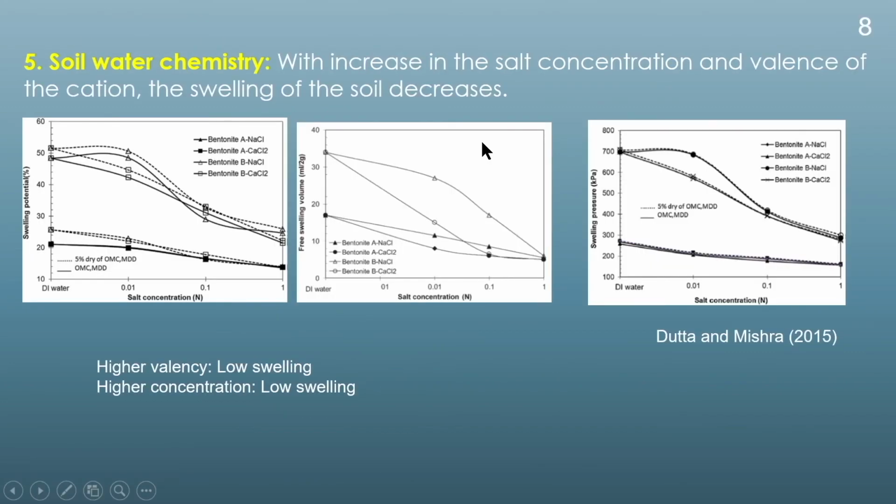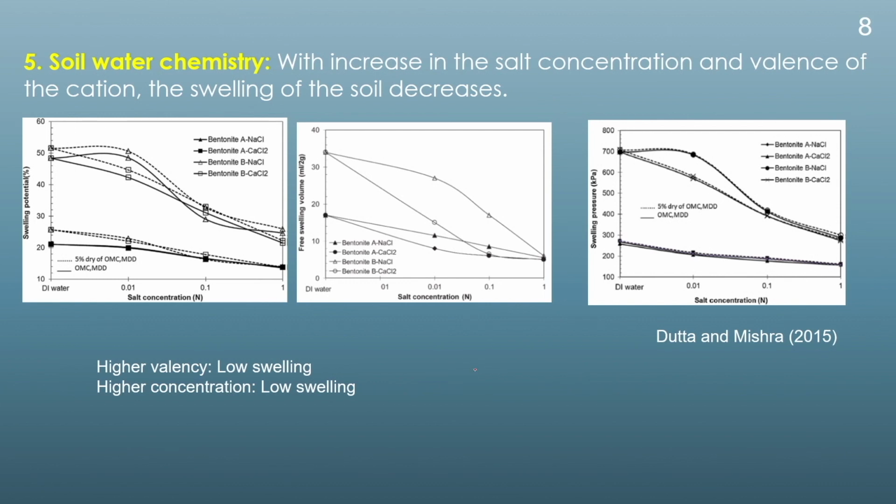Another factor which controls the swelling of a soil is the soil water chemistry, or the type of water present inside the pore or void space of the soil. We have already learned that the diffuse double layer thickness controls the swelling characteristics of a soil, and the soil water chemistry controls the diffuse double layer thickness, and consequently the swelling behavior of the soil.